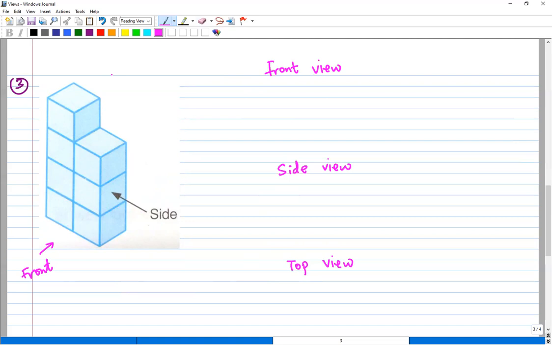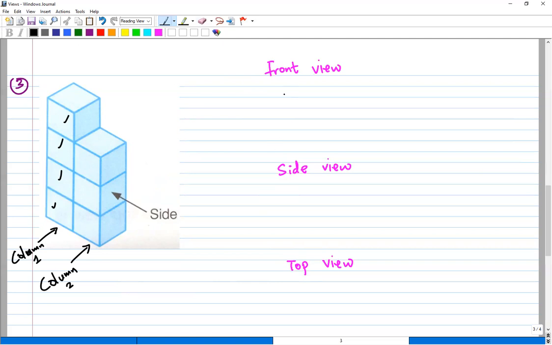Okay, now let's check how many columns do we have. How many columns can we see from the front? You see, this is column 1, and this is column 2. You see that? Now, column 1 has got 4 levels. 1, 2, 3, 4.